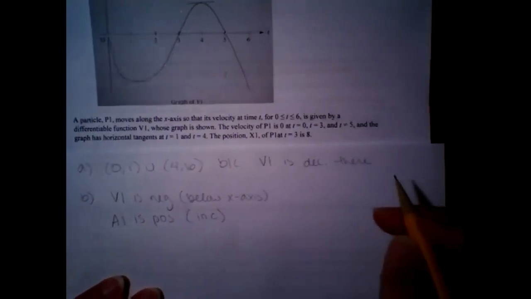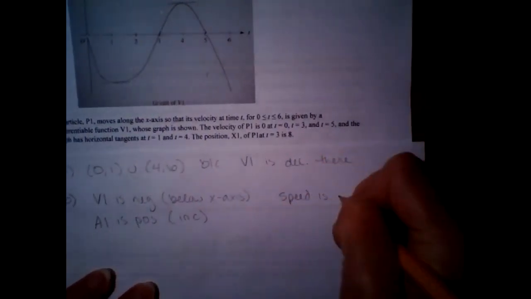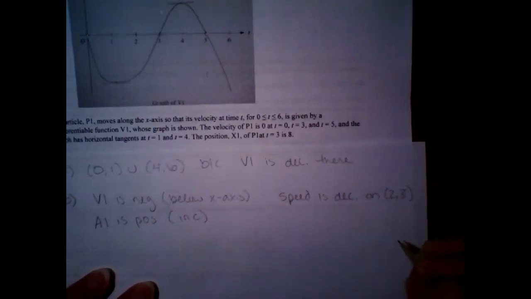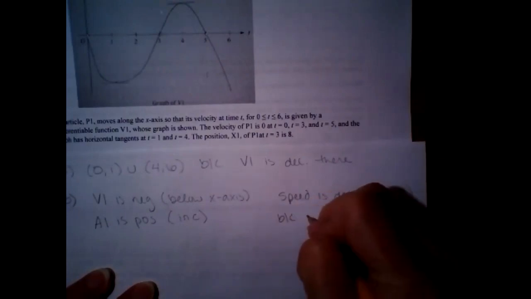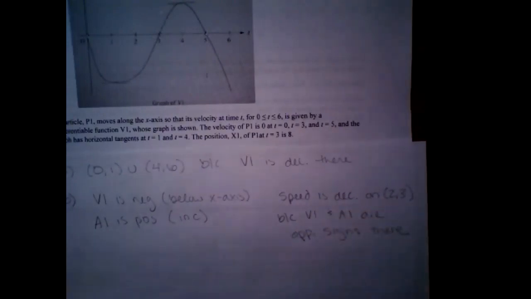So one of them's negative, one of them's positive. That means you're slowing down. Speed is decreasing on the interval 2 to 3 because V1 and A1 are opposite signs there. So remember, for speeding up and slowing down, you have to look at both velocity and acceleration.